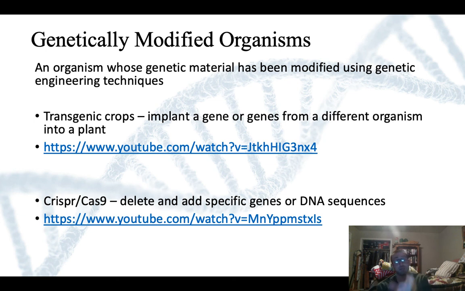Recently, the newest development is CRISPR-Cas9, which allows you to be more targeted than this process up here. And that really allows you to insert or remove specific DNA sequences. So it's a very, very targeted process, more so than traditional methods.